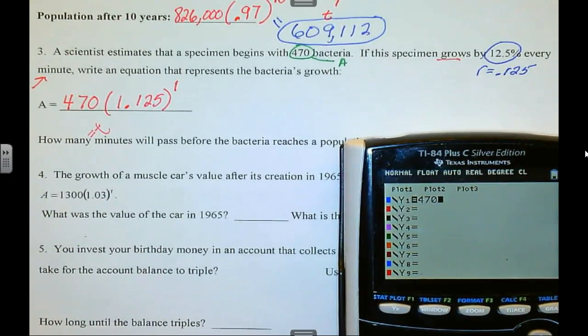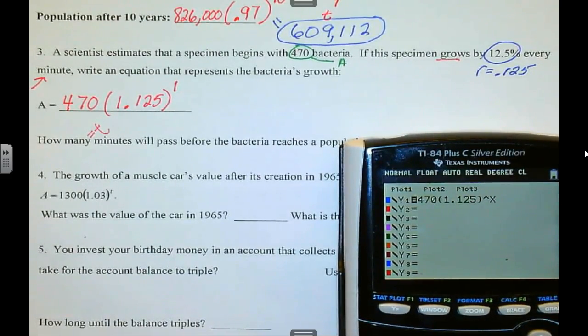470 times 1.125. And we don't know the minutes, right? So that's my variable. We don't have t in the calculator, so I'm going to use x. Get it? Trying to find minutes.